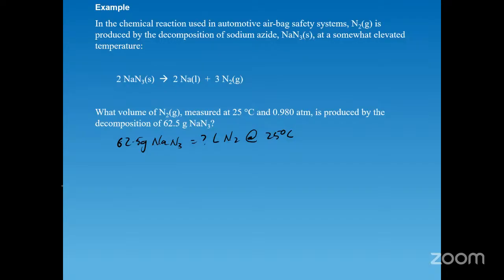All right? So we're going to start off with the 62.5 grams of sodium azide. And the first thing I'm going to do is convert that to moles. So I'm going to have 1 mole of sodium azide above as a numerator. And then I need to calculate the molar mass of the sodium azide.